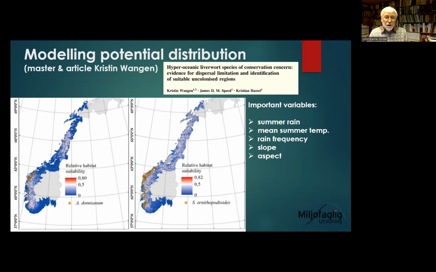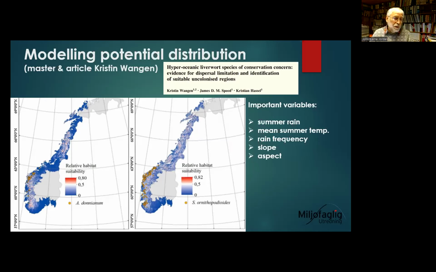And to the right is Scapania ornithopodioides, also with yellow showing the sites. And the colors on the map show the probability to find suitable habitats of these species. So a reddish color means that there should be a potential to find this species.